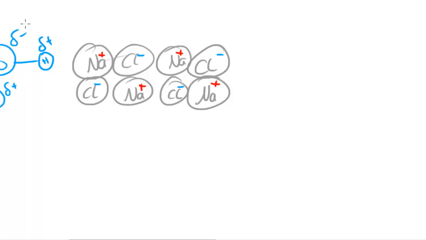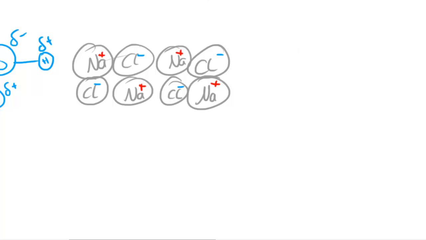And so what happens is, let's say we place this compound inside water, obviously these water molecules would be all over the place, and they'd probably be bumping into this compound.